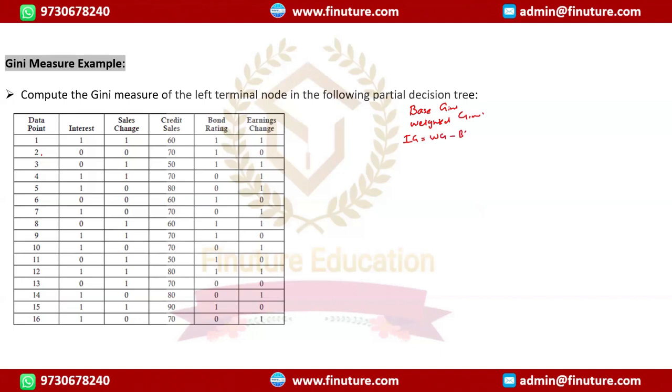And when I say weighted Gini, just assume this model wherein you have 16 data points, and this header here is whether the company or person has an interest rate obligation, and whether the sales have changed, like if the interest rate obligation was there and sales increased or decreased.